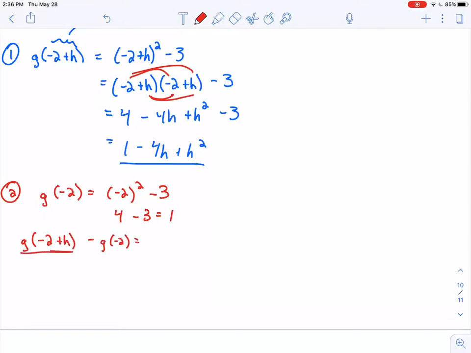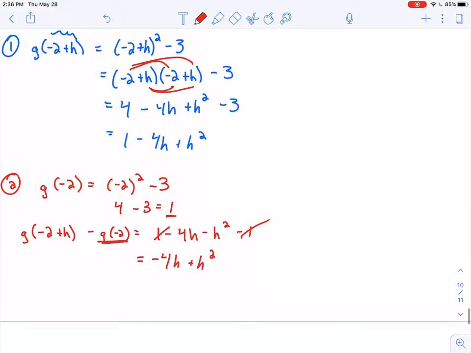This first piece, g of negative 2 plus h, is what I found at the end of step 1, which is 1 minus 4h plus h squared. And as for g of negative 2, that's the piece I just found by plugging in negative 2 into my function, so minus 1. Again, 1 minus 1, our constant terms cancel out, and this time we're left with negative 4h plus h squared. I can't really simplify this any further, so I think we're ready to move on to our next step.